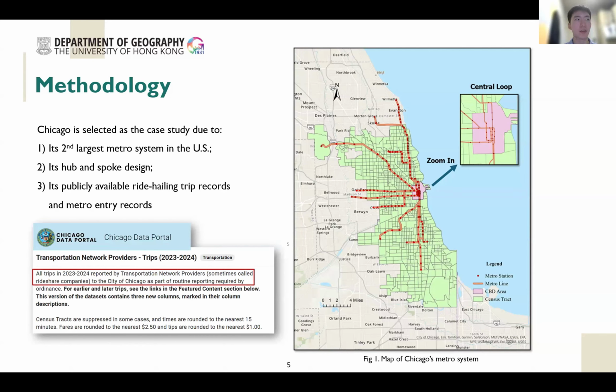They provide the trip records at the census tract level, and also the fares, the travel times, and the travel distances, all publicly available on their data portal. So this provides us the opportunity to evaluate the impact of this pricing using a trip-level framework.